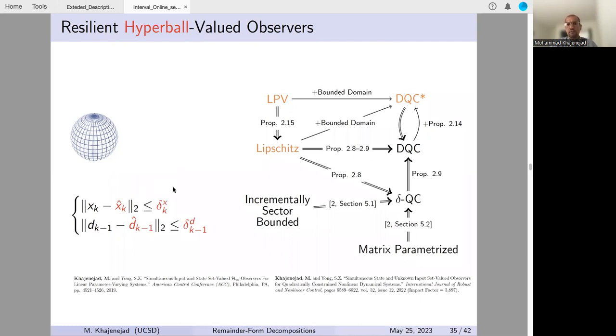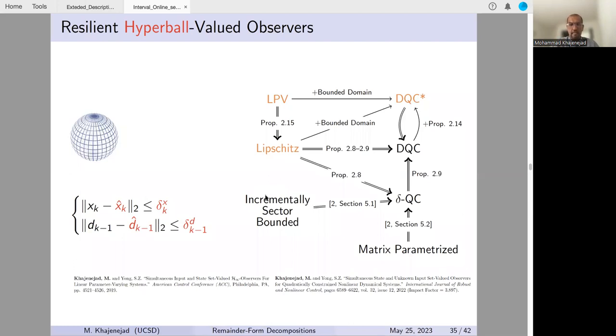And then we did it for several classes of systems, nonlinear systems, and the relationship between them in terms of the stability of the observer. This was something that we did before, and then recently we got the idea that decomposition functions are applicable to interval-valued types of observers.